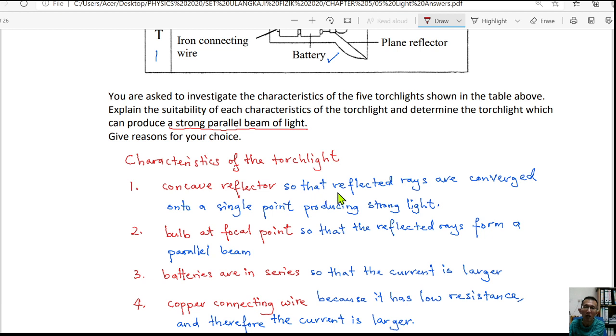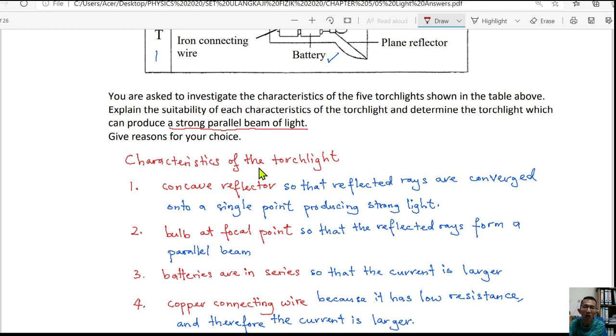Reason, so that reflected rays are converged onto a single point, producing strong light. Why strong light? Because all rays are focused onto a single point. You see here strong light, strong parallel beam of light.